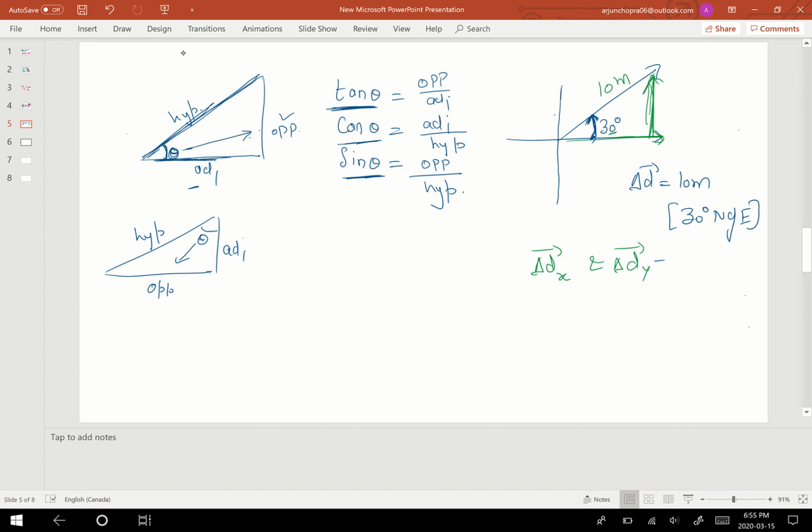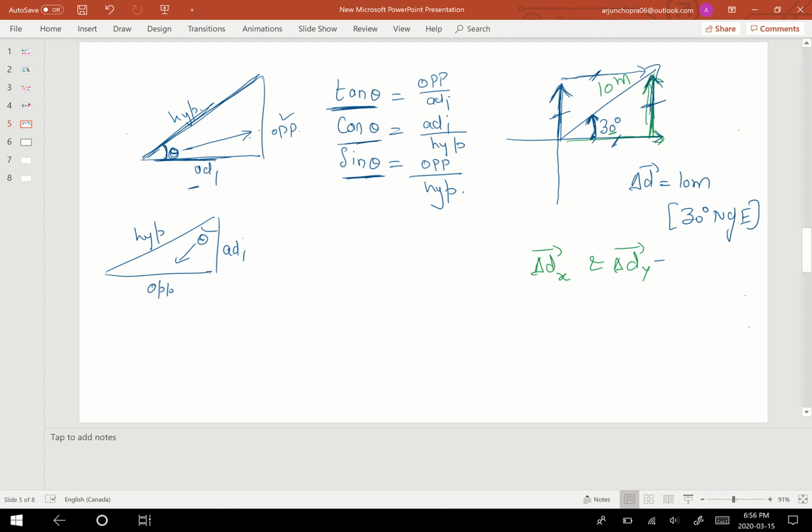If you represent it on this side or here, both are the same, because if I complete it from the top also, this becomes a rectangle. What is the property of a rectangle? Opposite sides are always equal. So this side is equal to this side and this side is equal to this side.